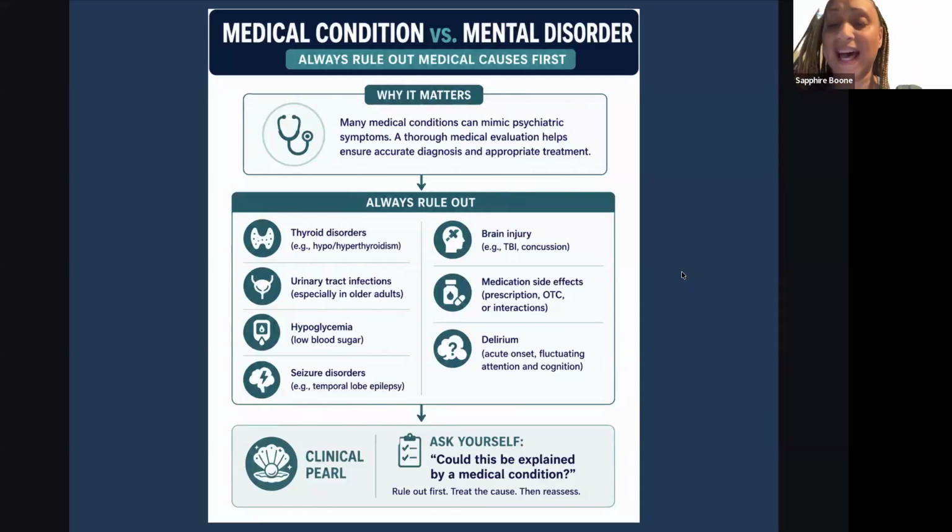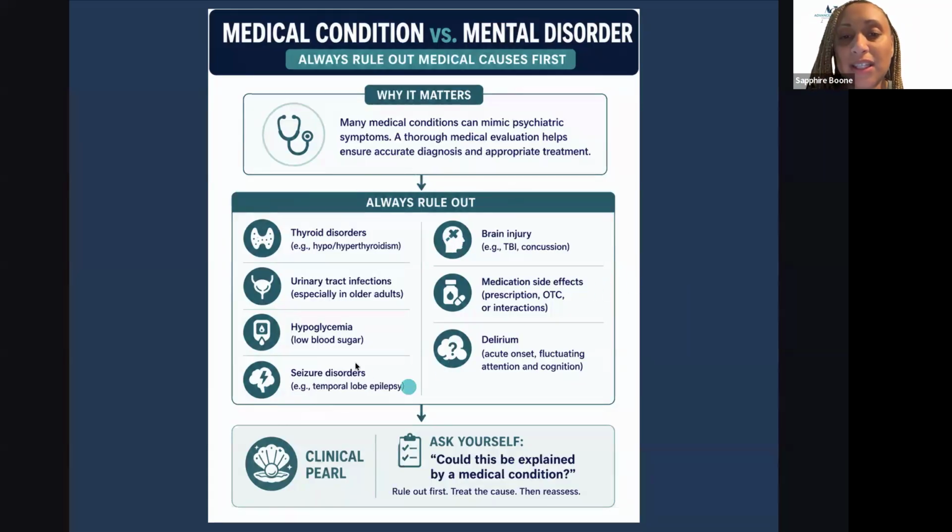For example, with anxiety, you may have some racing of your heart, that elevated heart rate. That could be due to anxiety or that could be due to something that's medical, right? And so, really making sure that the client has ruled that out with their physician.